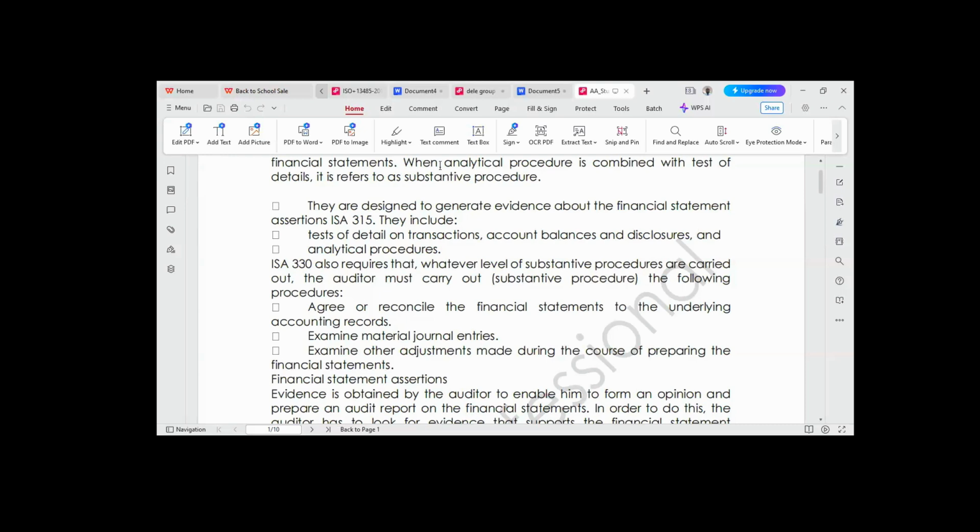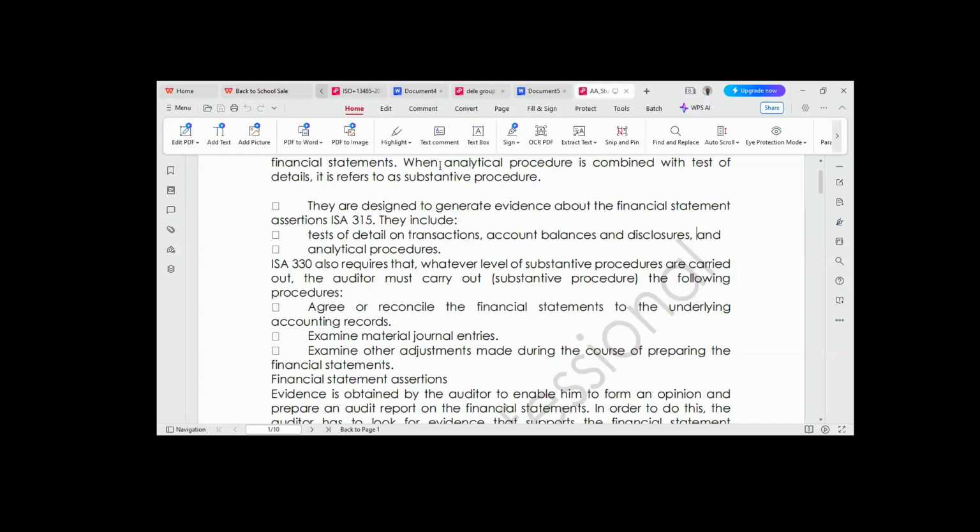Then also where there are discrepancies or where he sees that what they have done is not right, he will advise them to raise a journal. That is the genesis of the audit journals that the auditors pass anytime they come for the engagement.